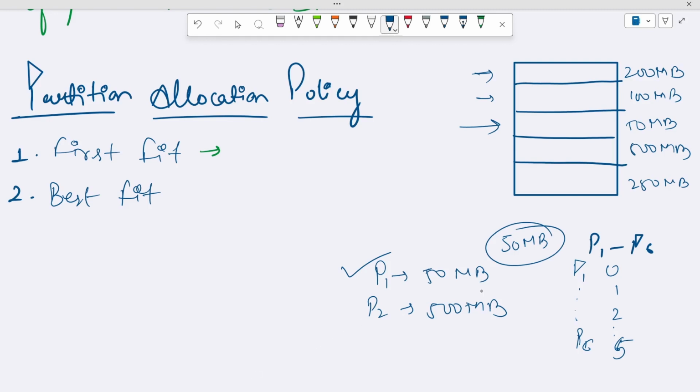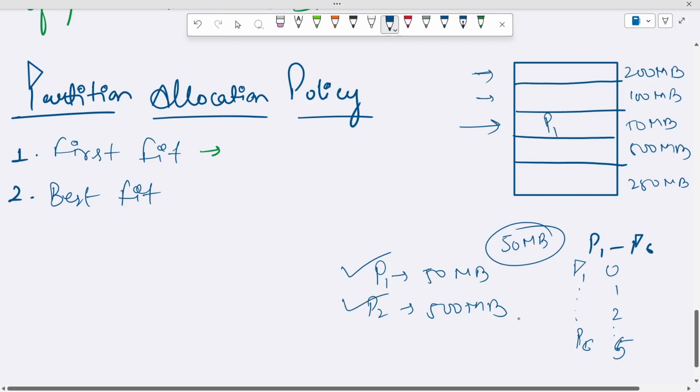If P1 needs 50 MB, it checks whether there is a 50 MB block. If it finds one, P1 goes there. Similarly, if P2 needs 500 MB, it checks whether a 500 MB block exists, and P2 is allocated to that block. This is called best fit.